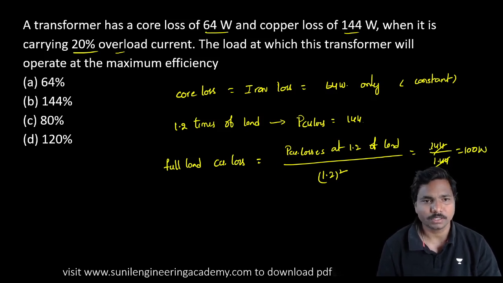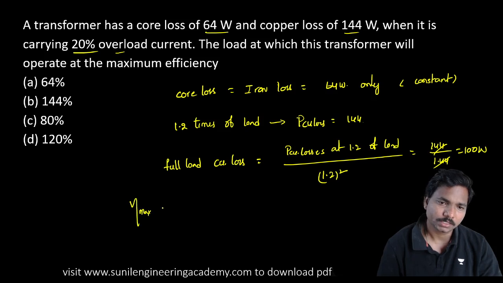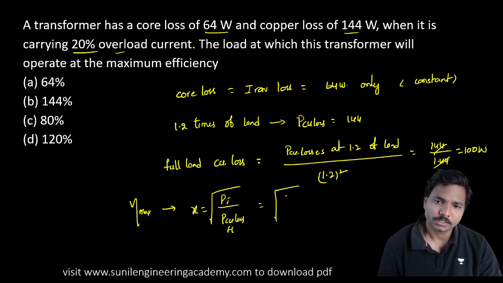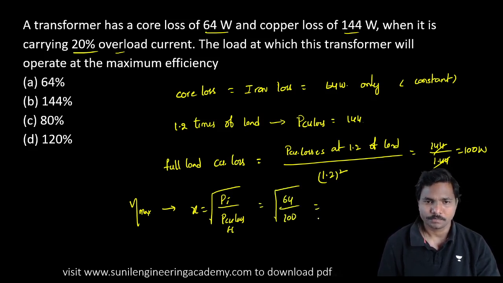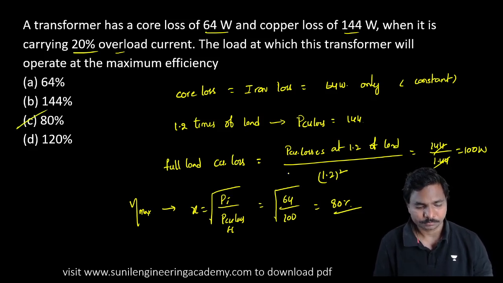Then the load at which the transformer operates at maximum efficiency is x equal to root of iron loss by full load copper loss, which is root of 64 by 100, that is 8 by 10, which is 0.8, that is 80%. So the answer is option C.